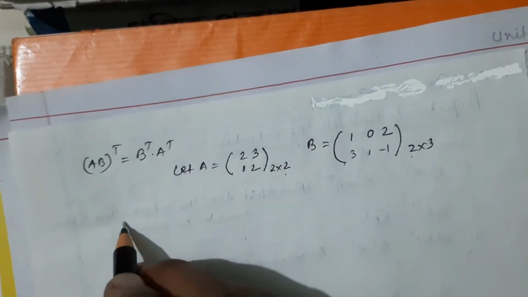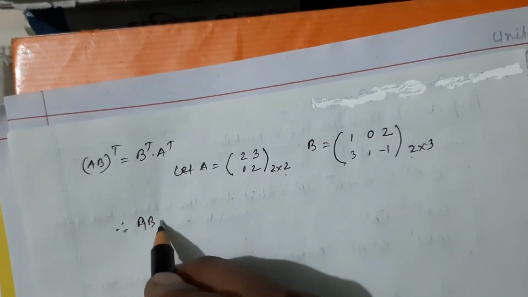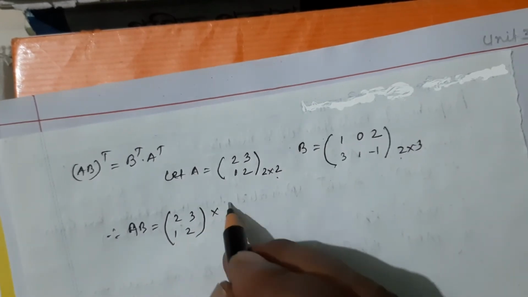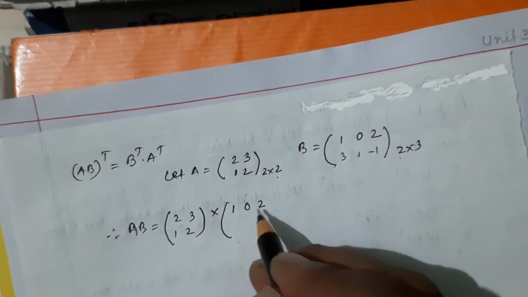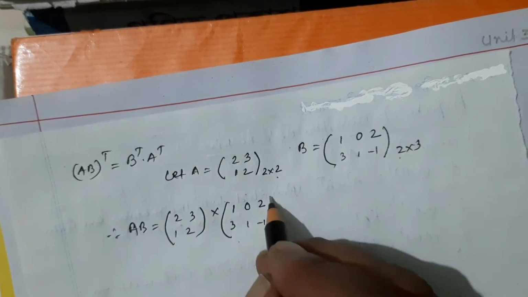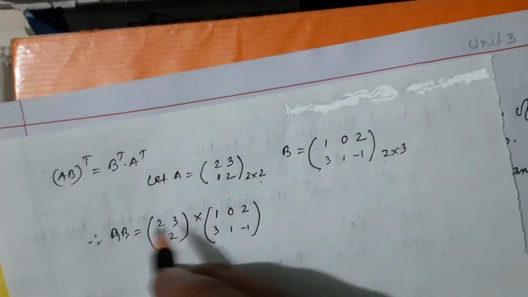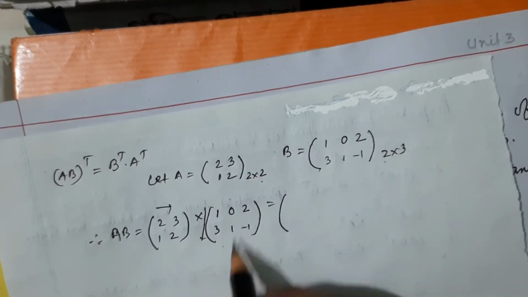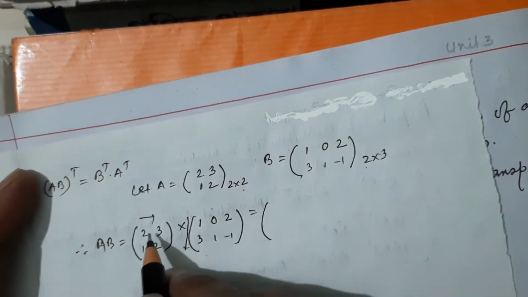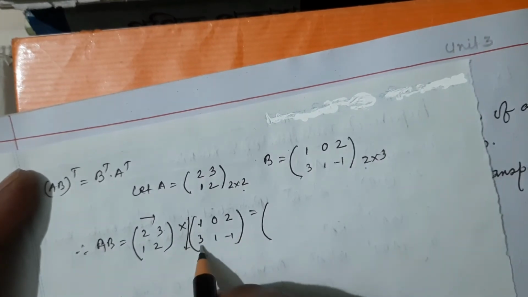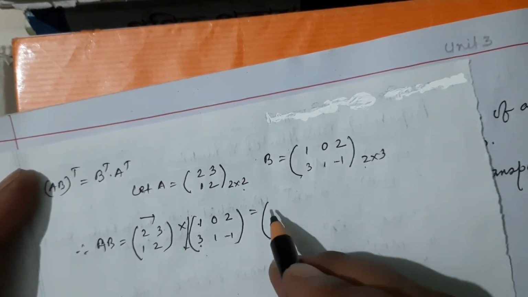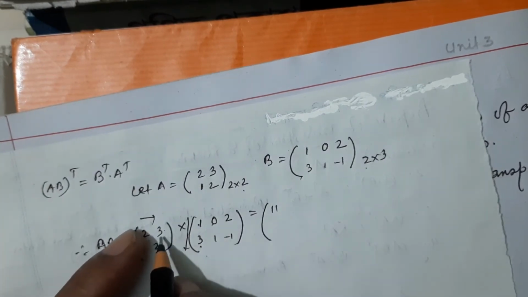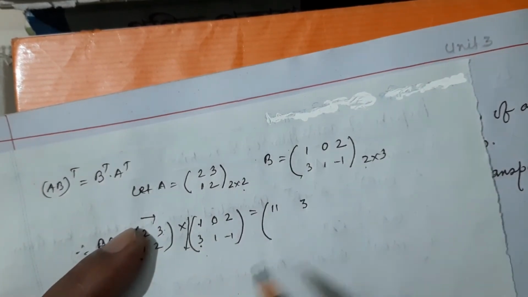That is, AB is equal to 2, 3, 1, 2 into 1, 0, 2, 3, 1, minus 1. If we multiply row and column: first row with first column, 2 into 1 plus 3 into 3, 9 plus 2, 11. First row second column, 2 into 0 plus 3 into 1, 3.